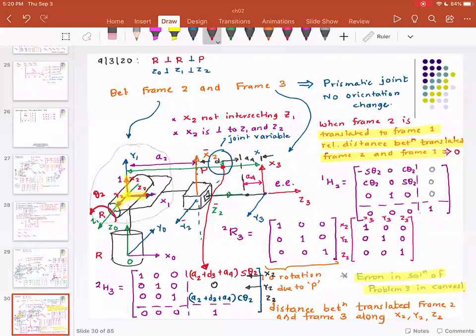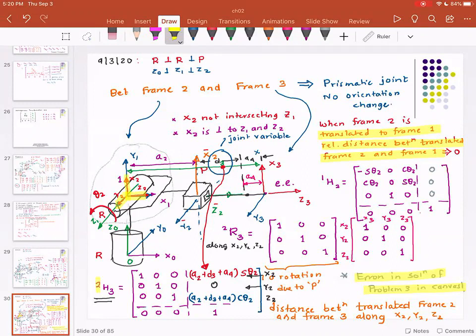Even though that thing got translated to the revolute joint, I want you to notice when you formulate the homogeneous transformation, which is 2H3, the distances must be along X2, Y2, and Z2, because that is my base frame. My base frame is number 2.